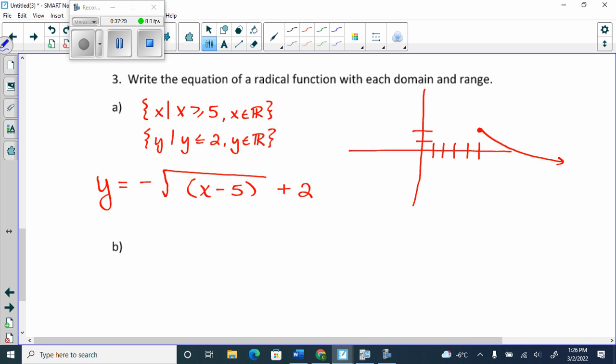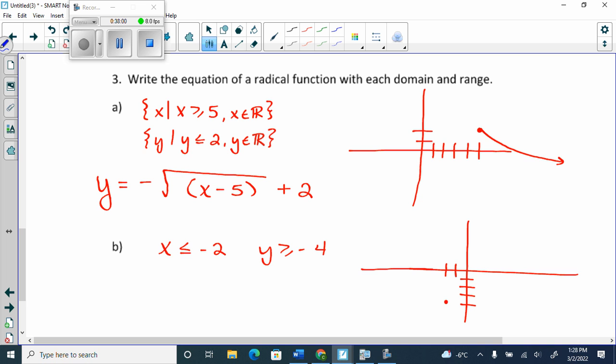You try B. And then we're going to 4. B is x is less than or equal to -2. Y is greater than or equal to -4. So -2, -4 is where it's going to start. Just let me draw this large so I can stay on the whole entire graph. -2, -4.